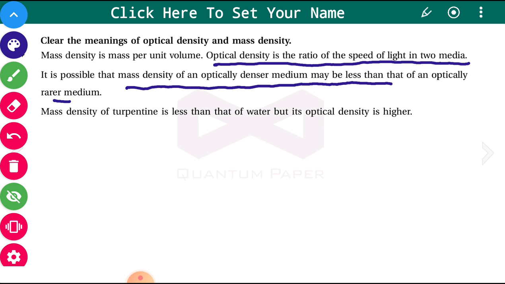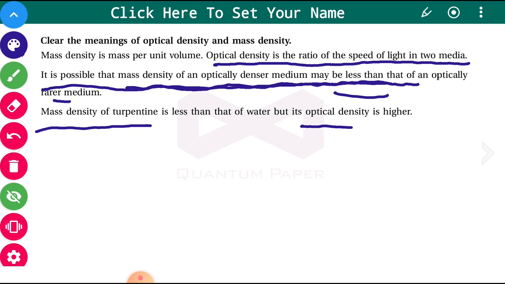You have turpentine oil, which is lighter than water. It floats on the water, but its optical density is higher. So this is one example of this statement: its optical density is more but its mass density is less.